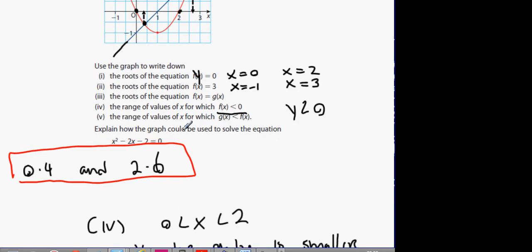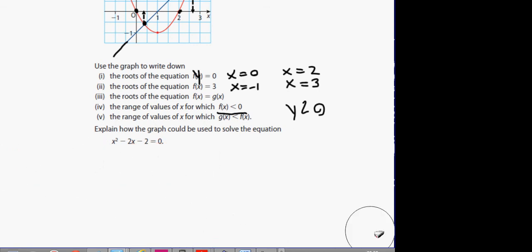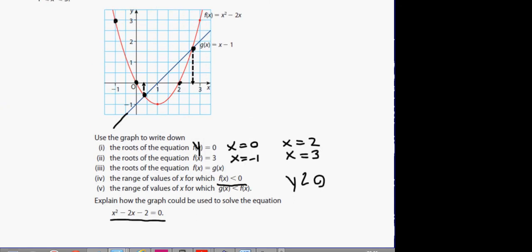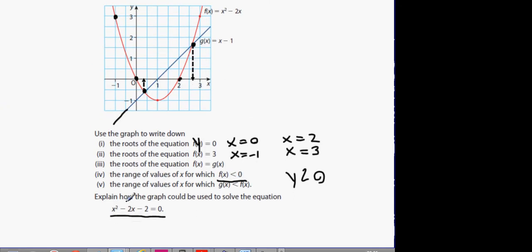Explain how this graph could be used to solve this equation here. This is interesting. Now, which of the graphs has a lot in common with this? The curve or the line? And which part of it is the same as the curve? Squared.